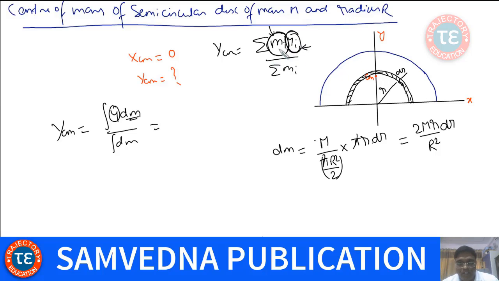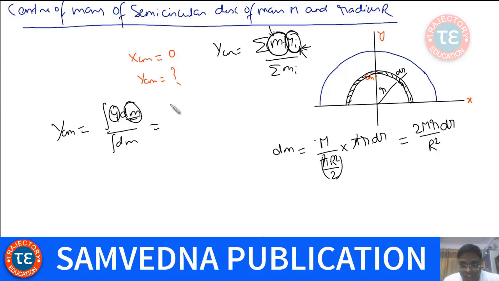If the ith body is an extended object which has some extension in space, then yi is the position of the center of mass of that ith object. So here your dm is not a particle, dm is a ring. So y is the position of the center of mass of that ring.